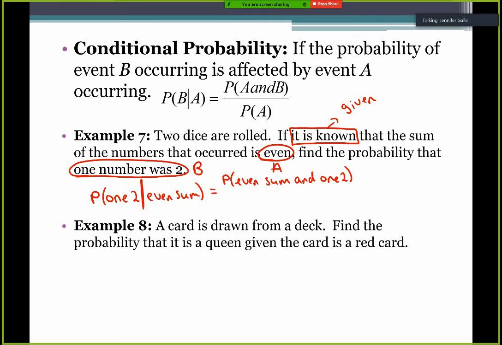All right, so we want an even sum, and we want one of the numbers to be a 2. So even sum, and one of the numbers is a 2. So let's take a peek.